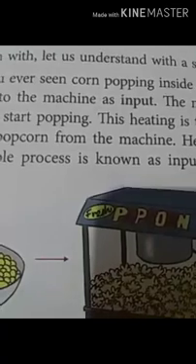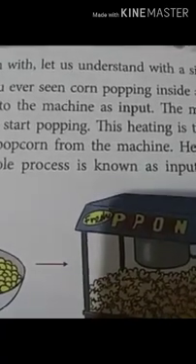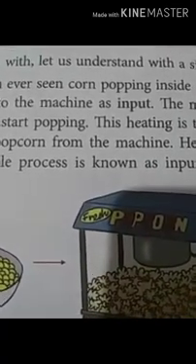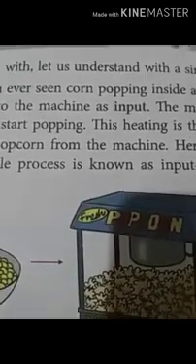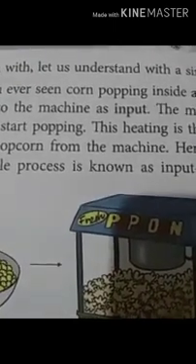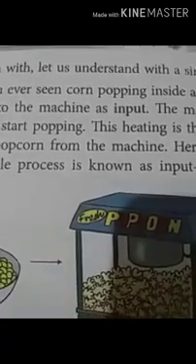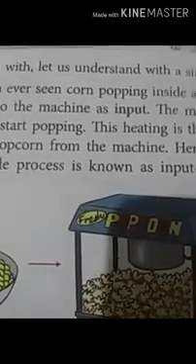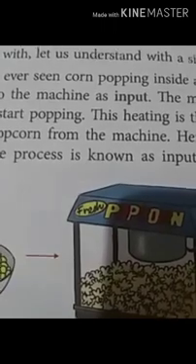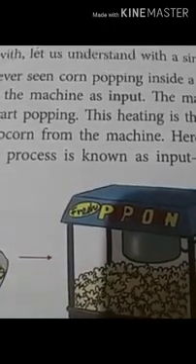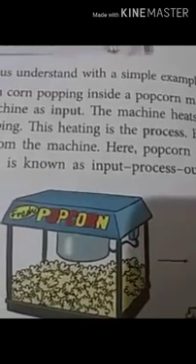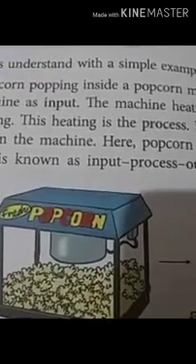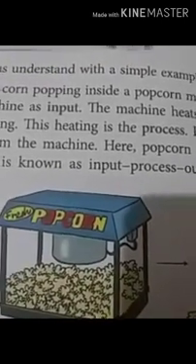So all the process has gone: first we put corn into the machine, then it heats up, then it starts popping, then we get very tasty, very yummy popcorn. The whole cycle, which is processing, is called the IPO cycle of a machine. All machines work upon this IPO cycle.